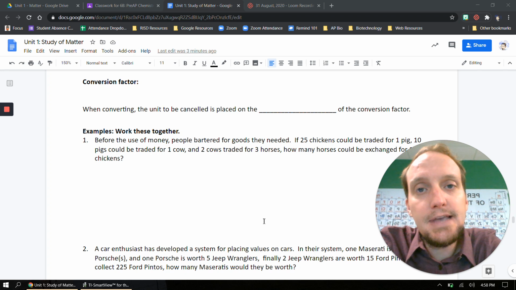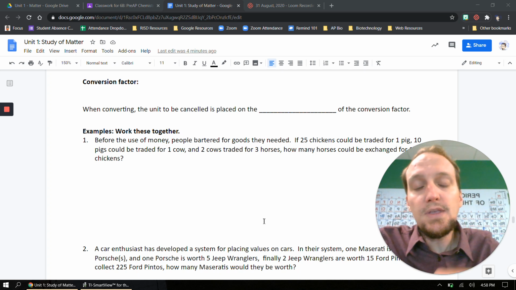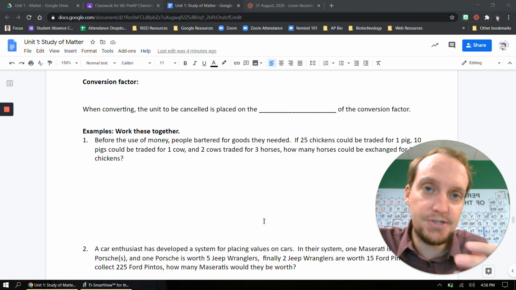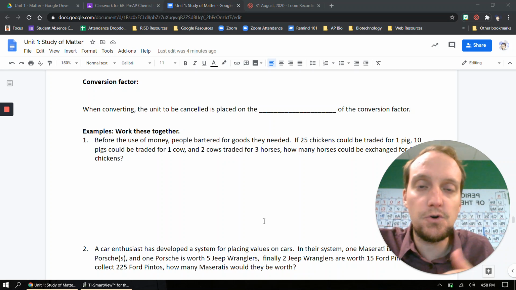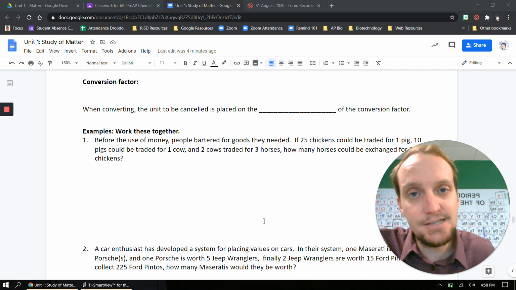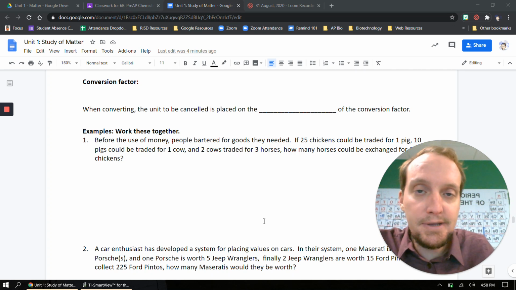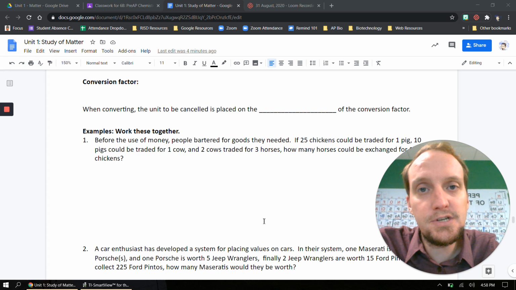Stoichiometry is an entire unit involving math and conversions involving moles. So the better we are at metric conversions or dimensional analysis at this point, the easier stoichiometry is going to become, and I promise you that.